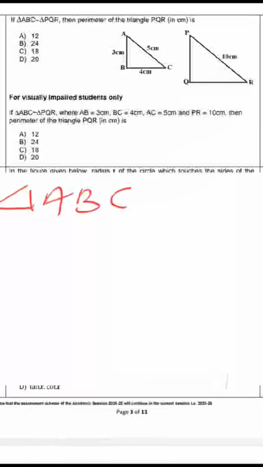Triangle ABC, its perimeter, you see 5, 4, 3. Total perimeter is 5 plus 3 is 8, plus 4, 12 centimeter.